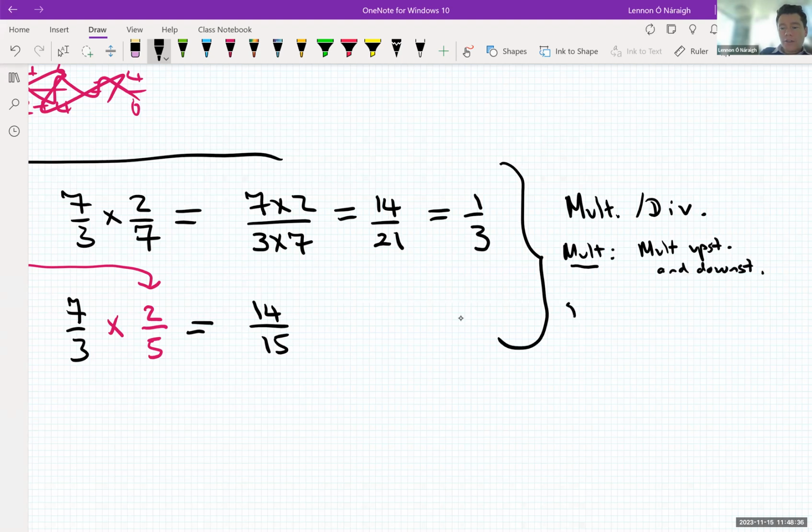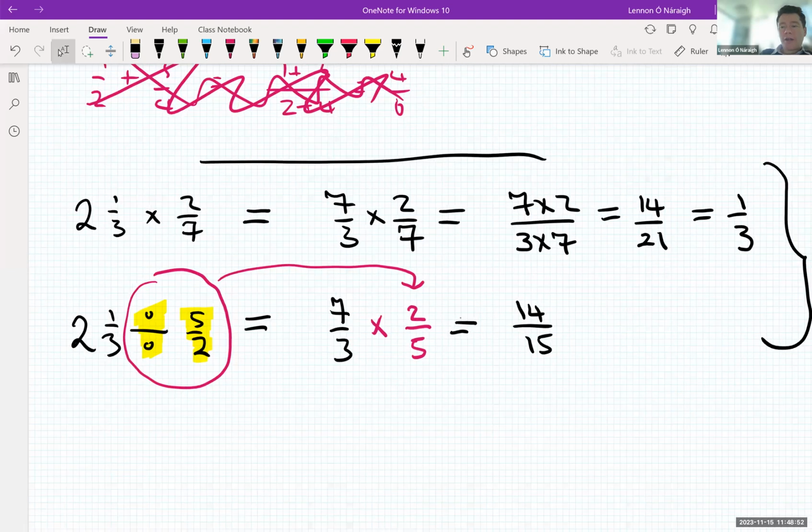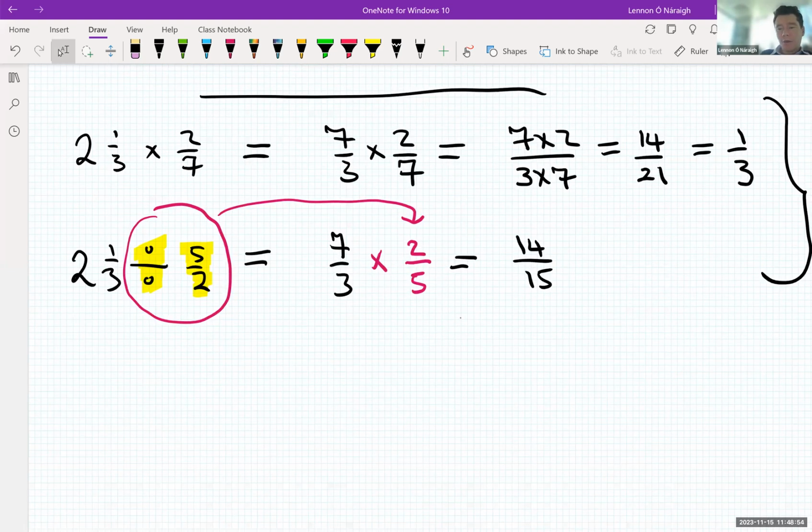The division, there's one extra step. There's the flipping, and then multiply the upstairs and the downstairs. But in a way, these two operations are a pair. They come in a pair because the basic procedure is the same. You multiply upstairs and downstairs.